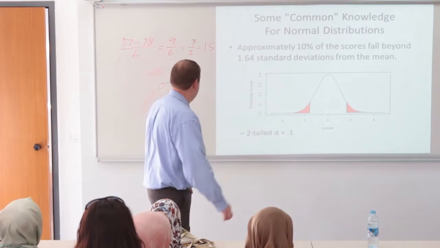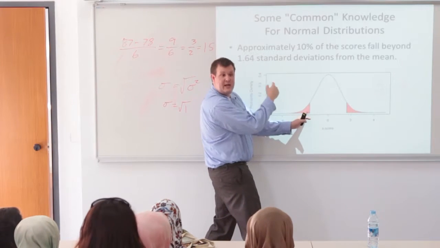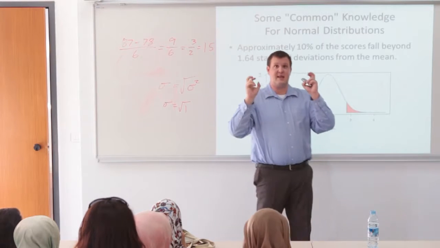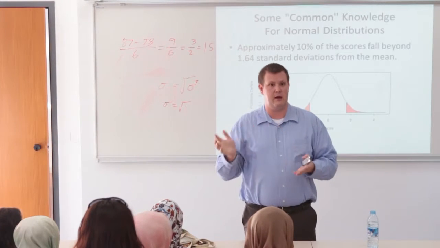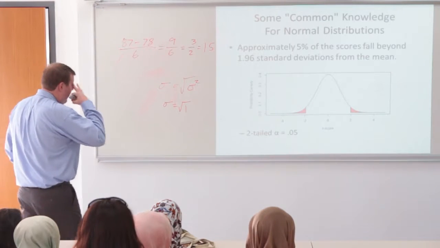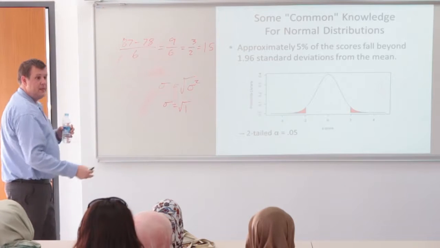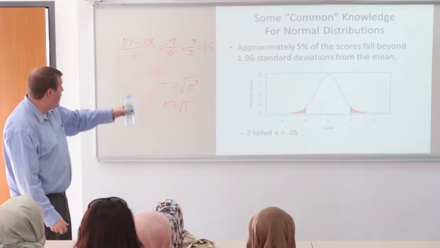Fail to reject. 1.63 is before 1.64. We need it to be, at least the absolute value for the 2-tailed sense, 1.64 or greater.